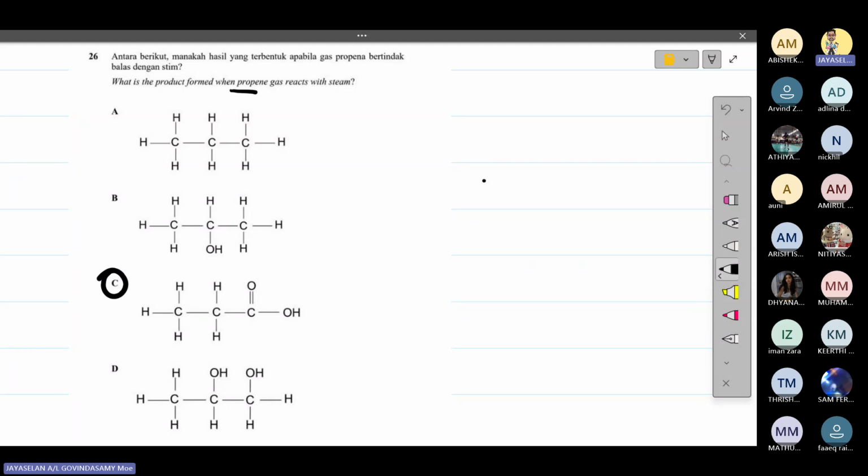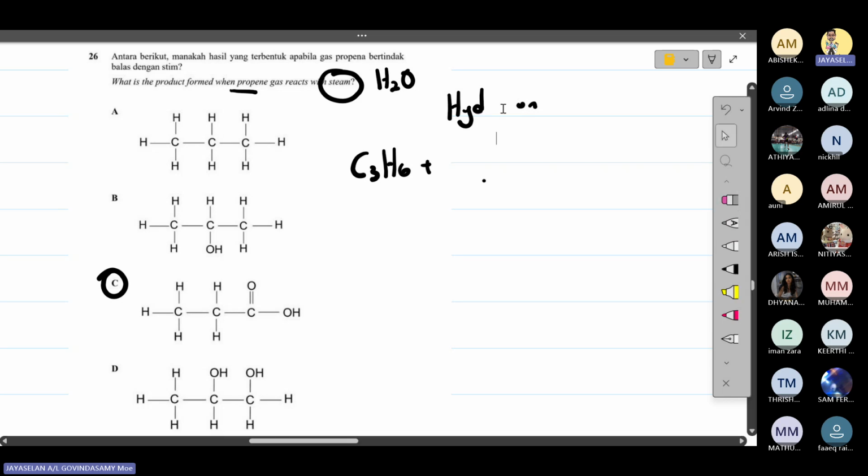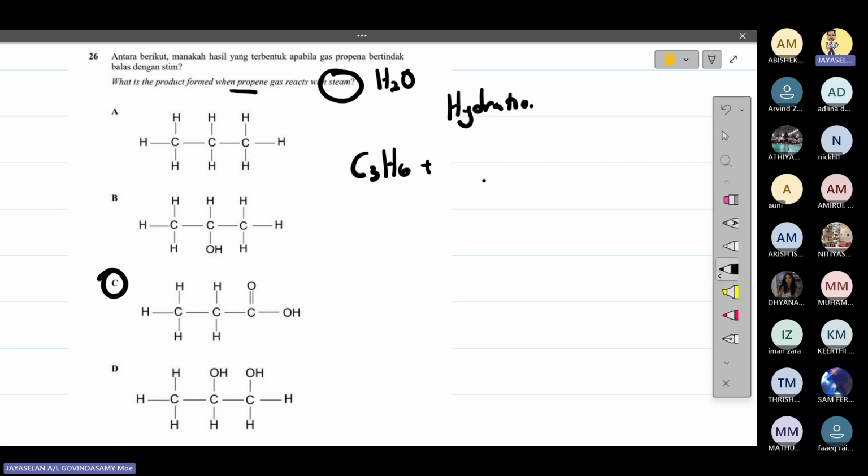Okay, propene. What is the formula of propene? C3H6 reacted with steam. Steam means water. Okay, this process is called hydration, pengdihidratan. When you use hydration, it is used to produce what? Alcohol. When you put water, you will get alcohol. What is the functional group of alcohol?